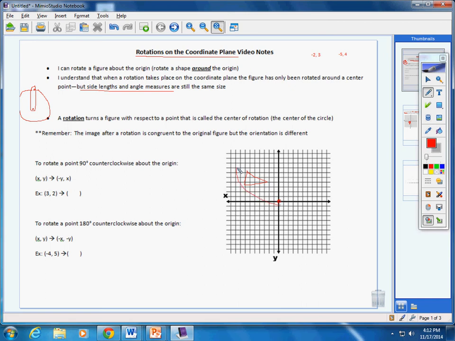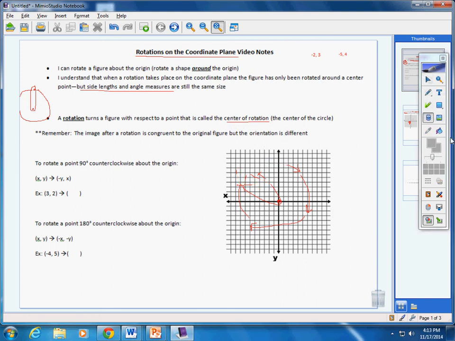So remember, if we had a rope tied around both of these, we're going to rotate this with respect to that center point. Okay, just like this, in this motion. Somewhere, we're going to rotate it around that center point. That center point we call the center of rotation. So that's all we're doing here.